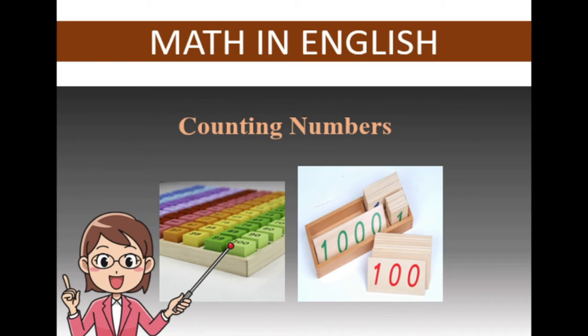I know counting numbers 1 to 10 could be easy for you. So, let's move on to counting numbers by tens. I'll show you a number, you tell me what number it is. And, additionally, let's spell them together. Okay?